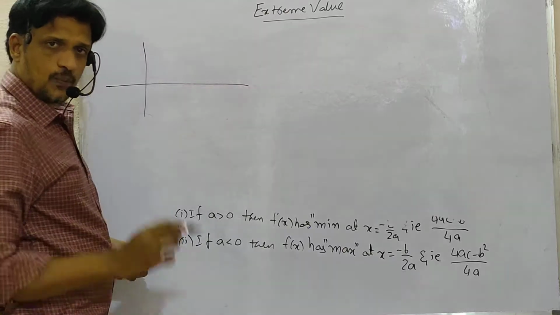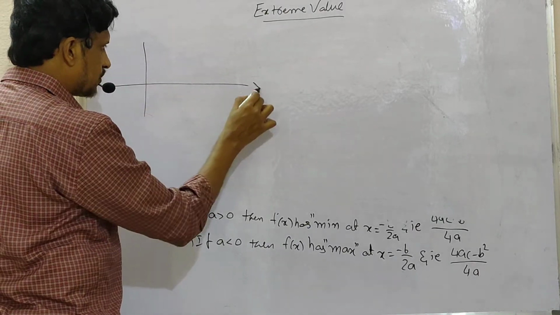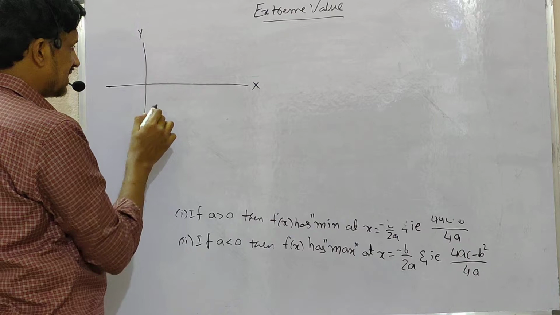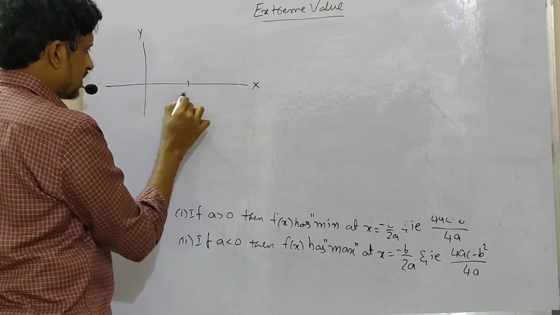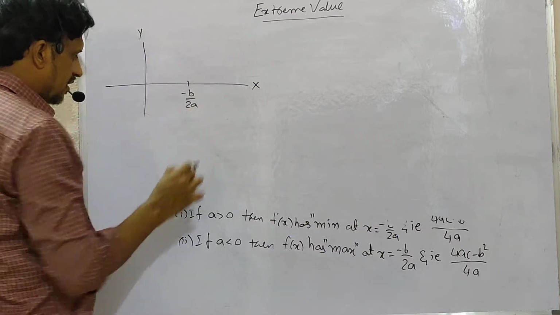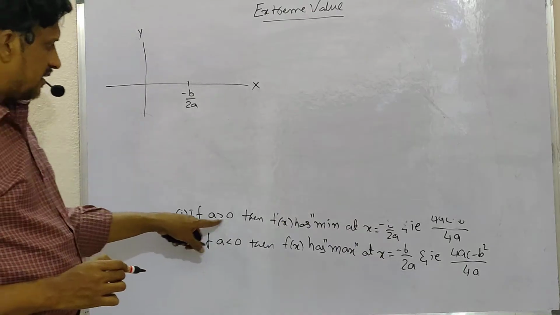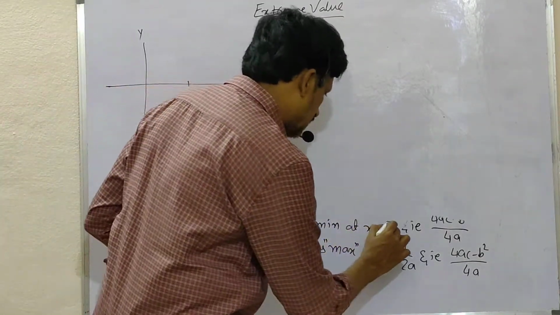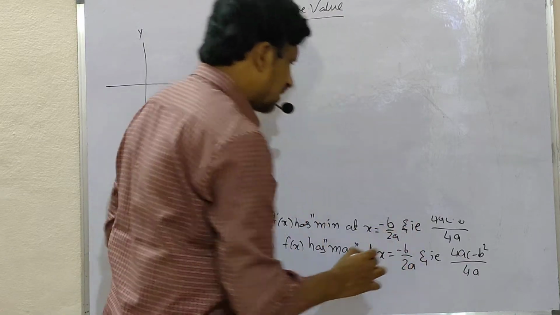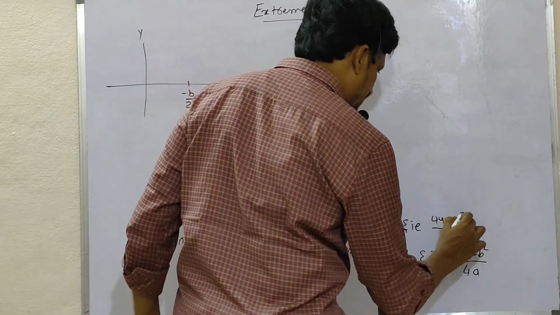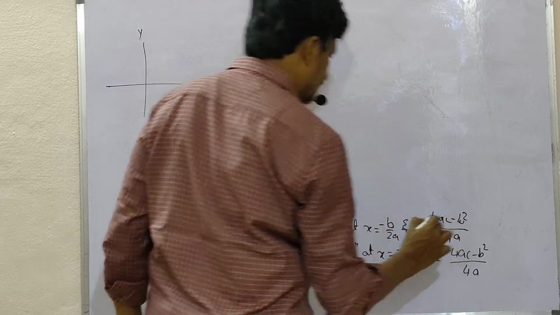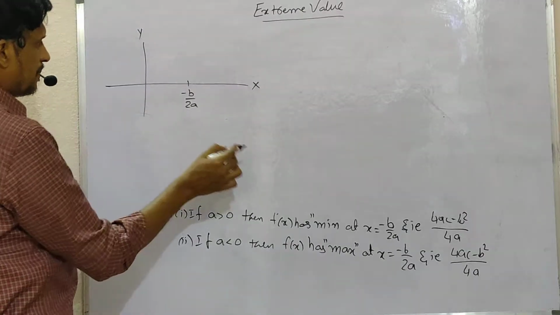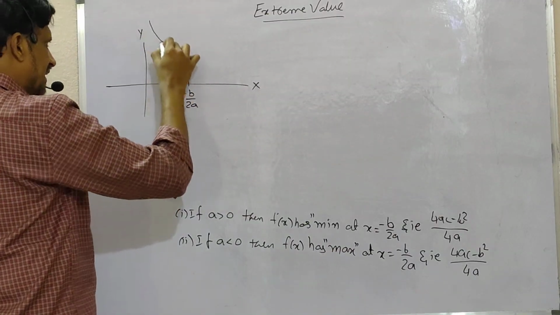Observe this one, when x is equal to minus b by 2a. This is the x axis, this is the y axis. On the x axis, when x is equal to minus b by 2a and a is positive, here you are getting the minimum value, that is (4ac minus b square) by 4a. Minimum value means the graph will be like this.